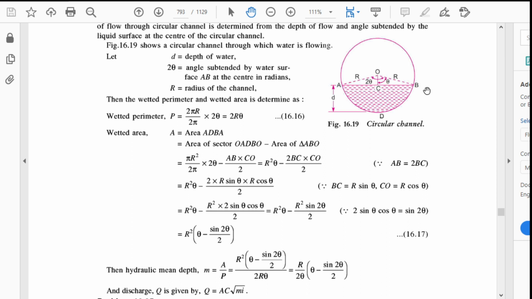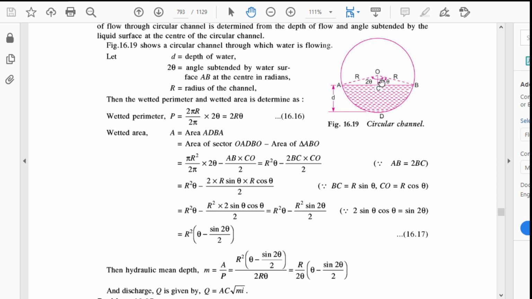So how do we find the area of a sector in a circle? The area of a sector in a circle is half of radius square into theta, where theta is the angle subtended by that sector. Here the angle subtended by the sector is 2 theta, so we can directly write r square into 2 theta divided by 2.